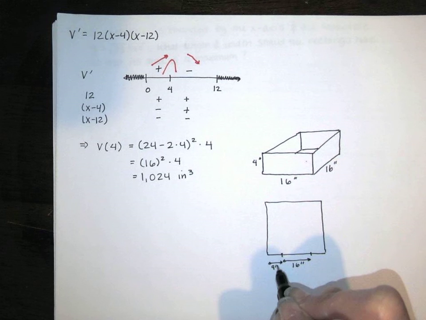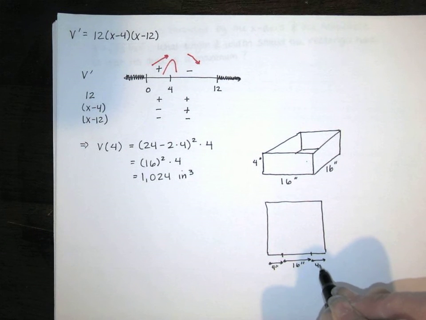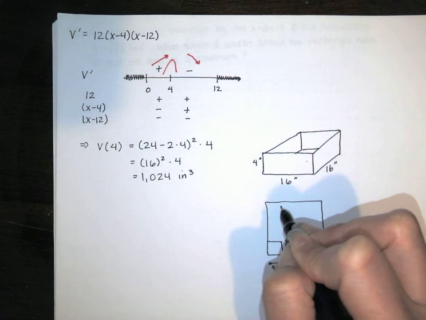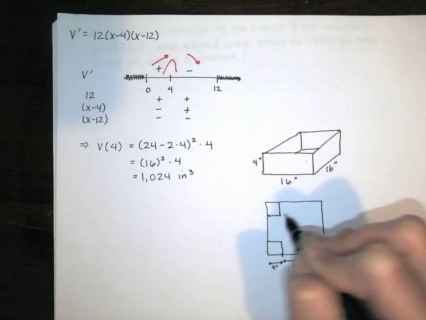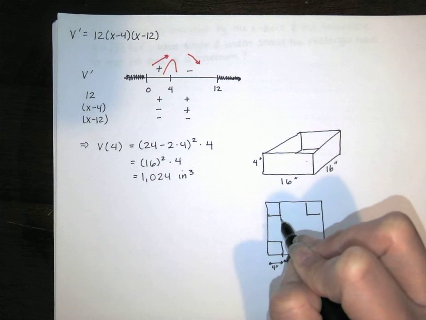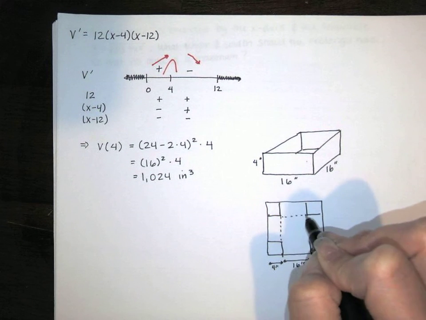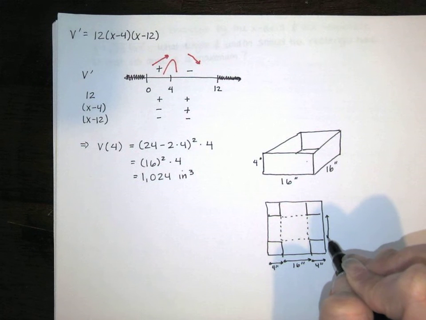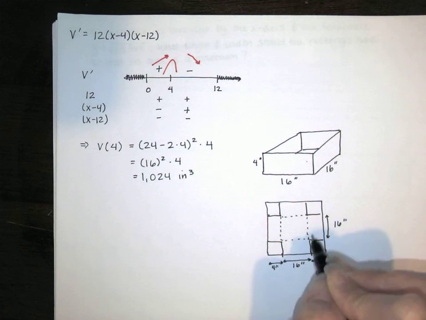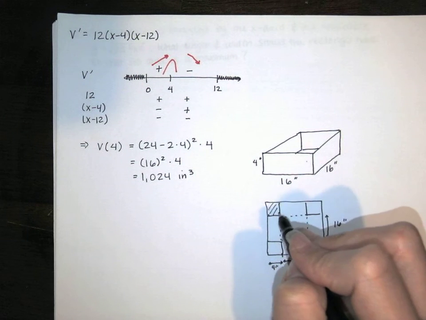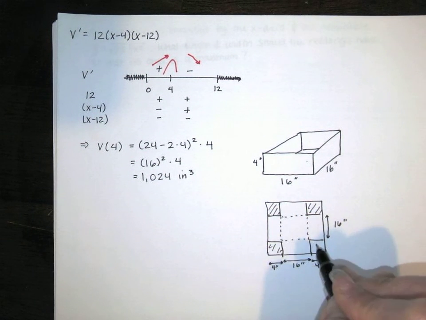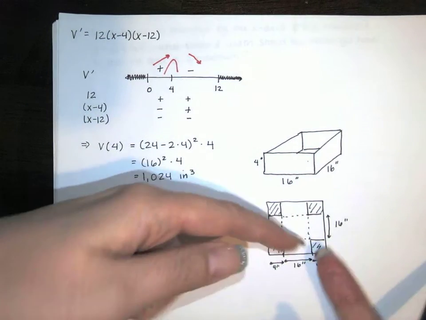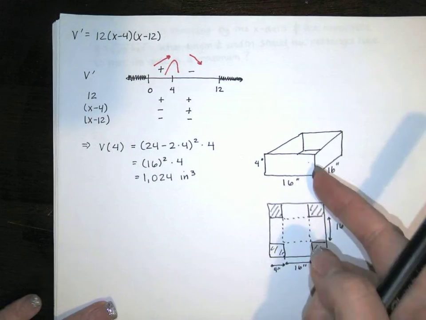Let's take out a 4-inch by 4-inch corner from each of these corners here. Then what's left is something that is 16 inches by 16 inches. So it's 16 by 16, and then when you fold up the sides, because you've cut these pieces out, you fold up like this side, and then this side, and then that side. It's going to look like that.